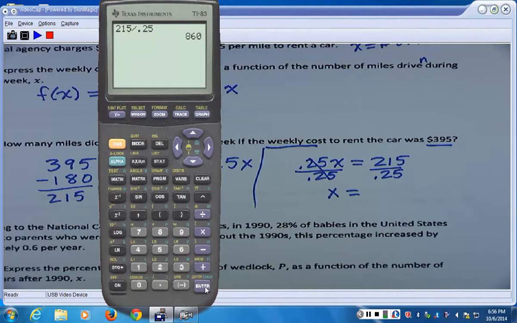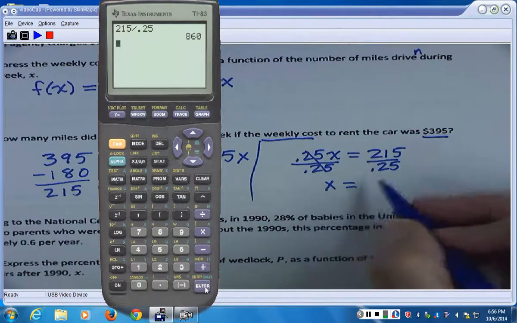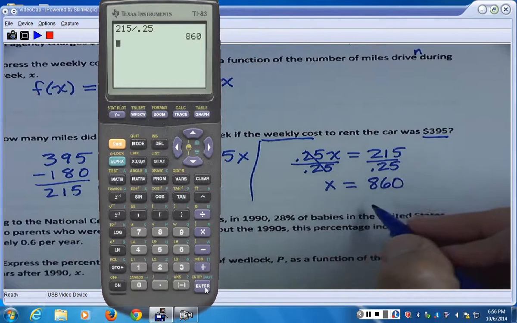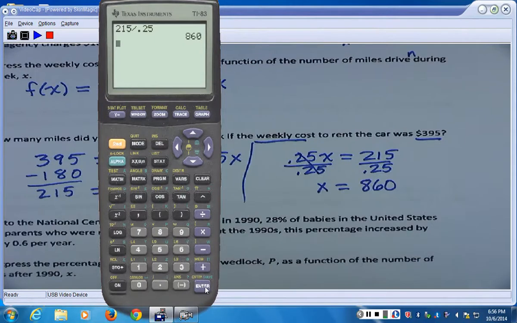It ended up being multiplied by 4. 860. And that answer made sense. You could check it by putting it in the original equation, 860 times 0.25 plus 180. So you drove 860 miles if your weekly cost was $395.